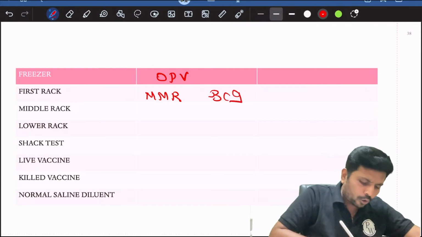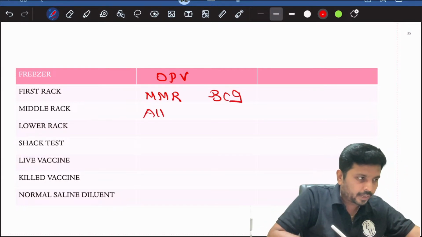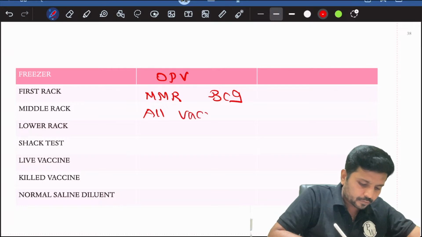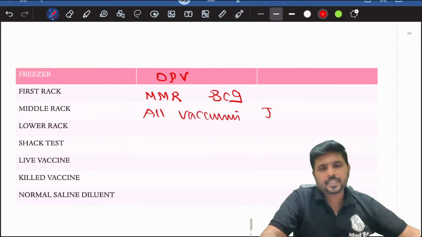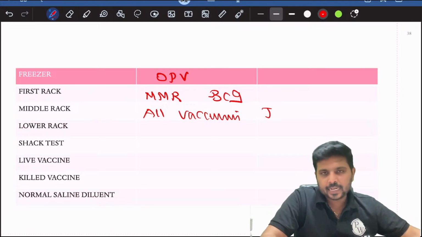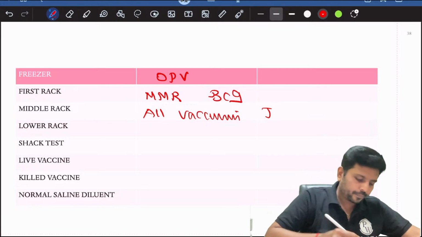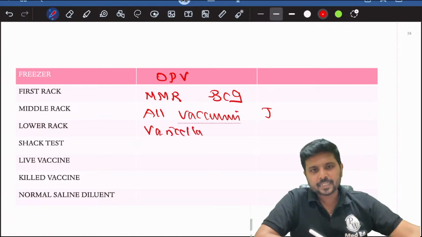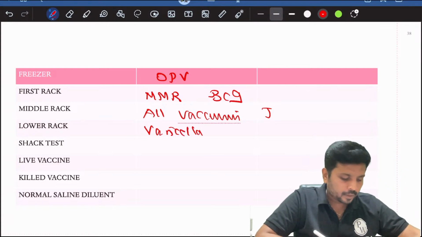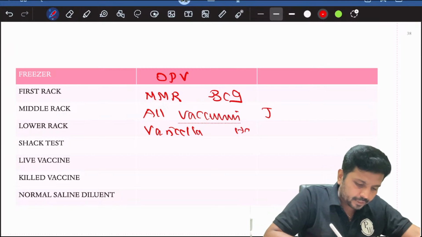In the middle rack, all vaccines that start with T: typhoid, tetanus, Tdap, TD, everything. The lower rack is for varicella, hepatitis B, and diluents. This is how you keep your vaccines in the refrigerator.